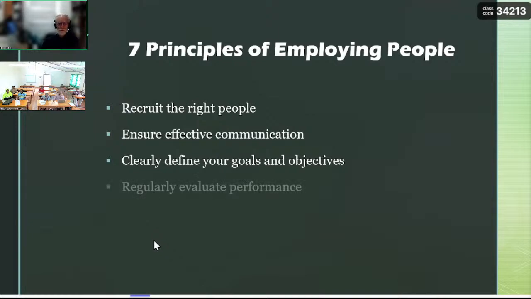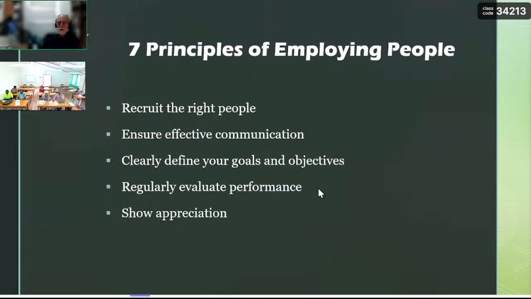It's all clearly defined. Then regularly evaluate performance. Walk around. Don't just employ them week by week, month by month, year by year without doing some performance appraisal. Walk around, see what they're doing well, see what they could do better.